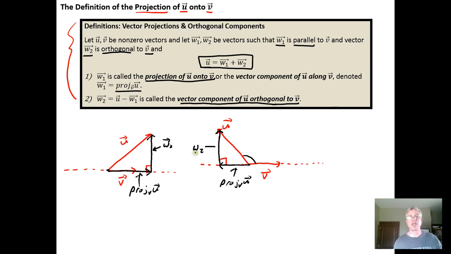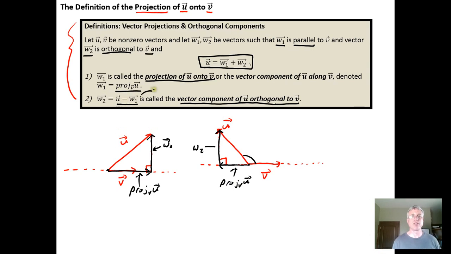And then you calculate w sub 2 by just taking this relationship here. u is the sum of the two vectors. You subtract w sub 1 from both sides. You get w sub 2 is the vector u minus the projection of u onto v.